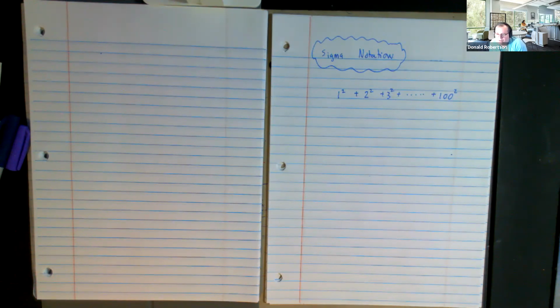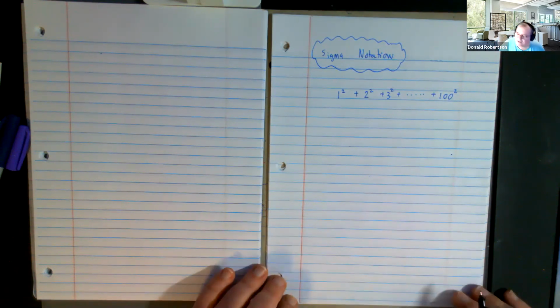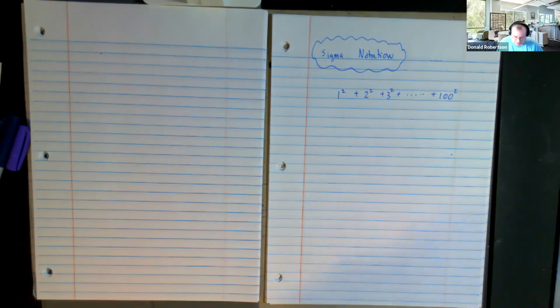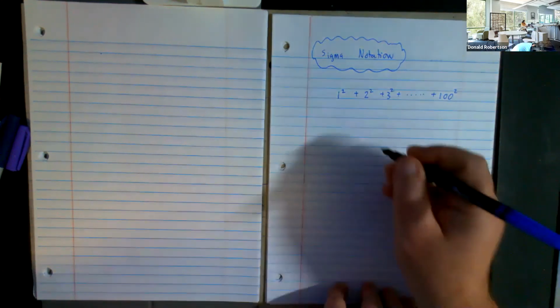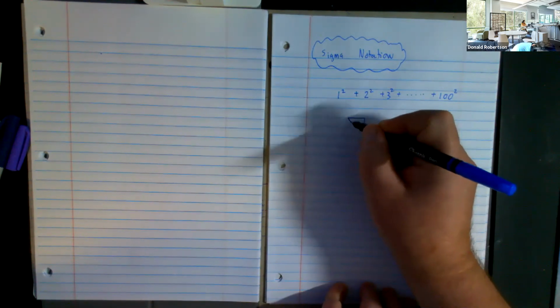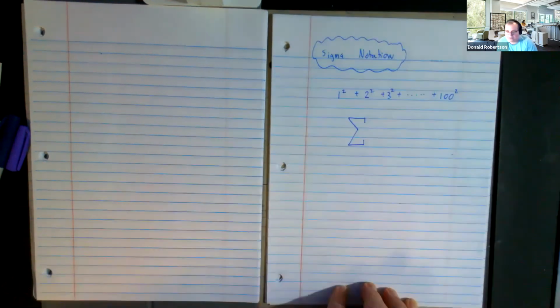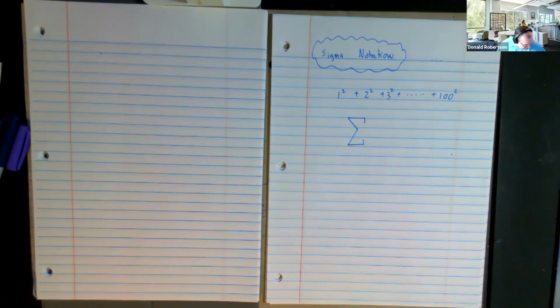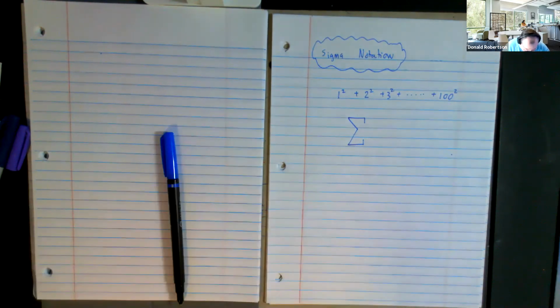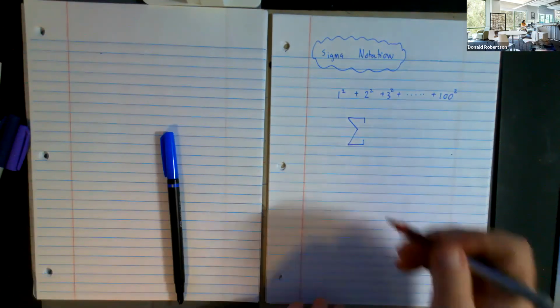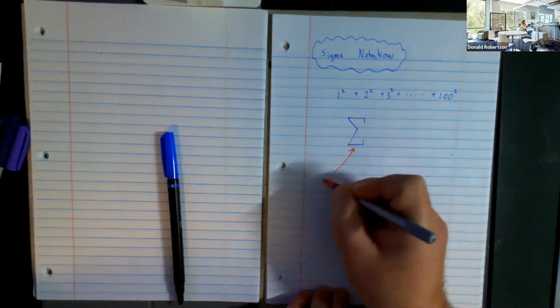But it's a very clunky way of writing down a lot of things being added. So sigma notation is a technique that we've used to simplify the process of adding lots of things together. And it has this shape to it. It uses a big funny letter that looks like that. And if you know anything about Greek, this fella here is the Greek letter sigma.